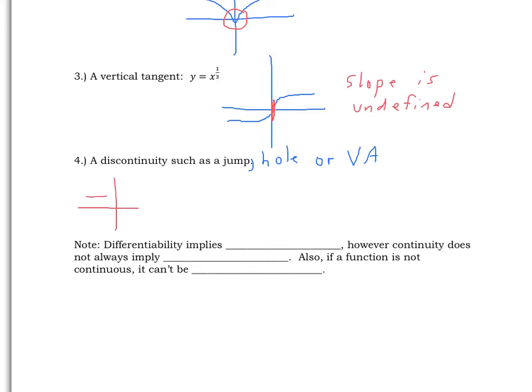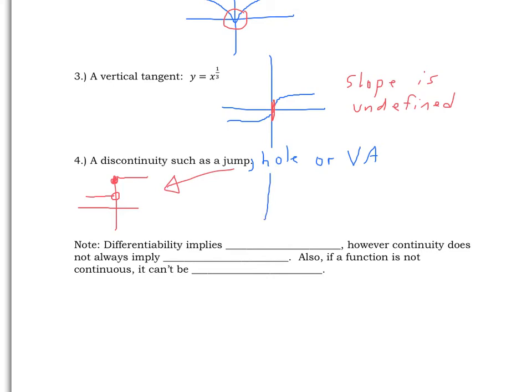You might have a situation like this, or maybe you have an open circle there, and then a closed circle. So you have a jump. In this example, the function is not continuous. And if it's not continuous, there's not going to be a derivative there. So in the case of a jump, there's no derivative at that point.